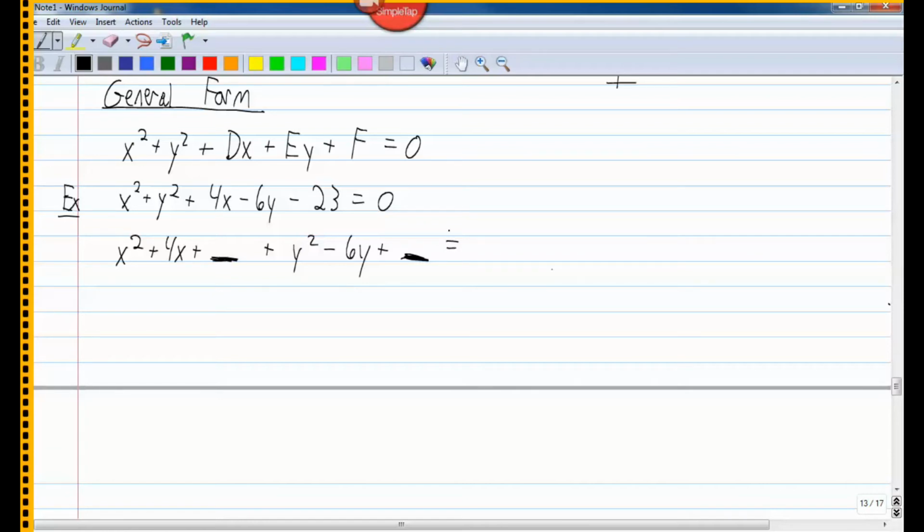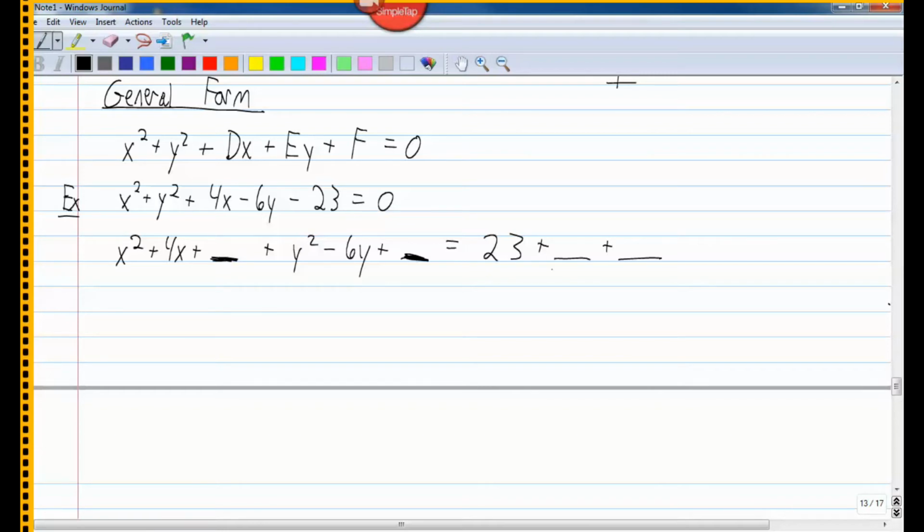Then I'm going to take the constant, the number without a variable, and move it across the equal sign, to the right side of the equation. So if I move this negative 23 over, it'll be a positive 23. Since I have two blanks on the left side, I'm going to put plus blank on the right side. Alright, so I'm going to complete the square twice. Once with the x terms and once with the y terms.